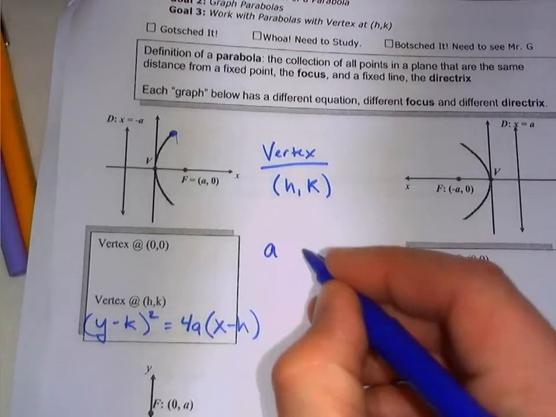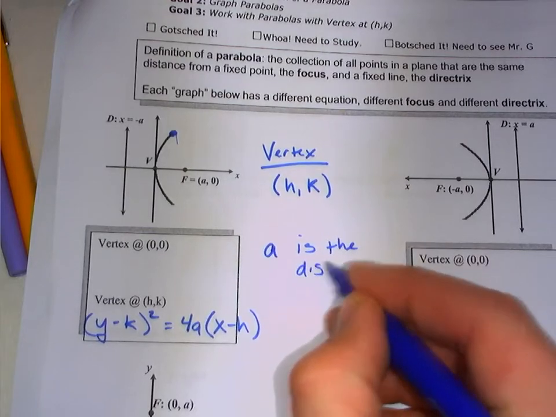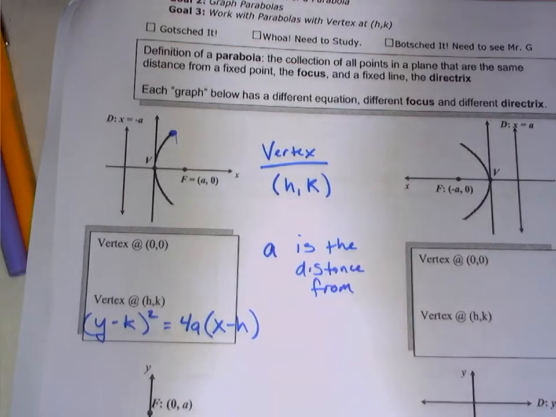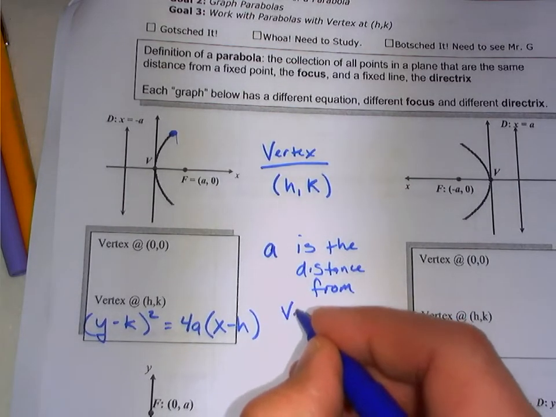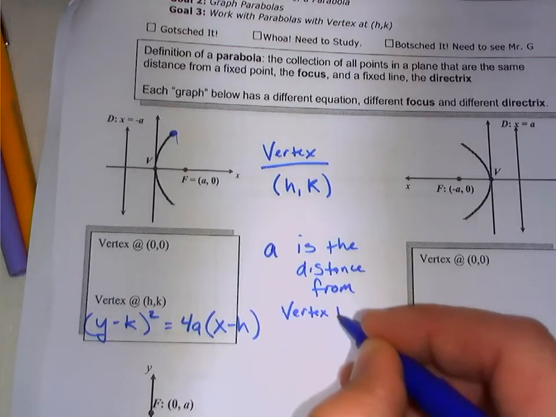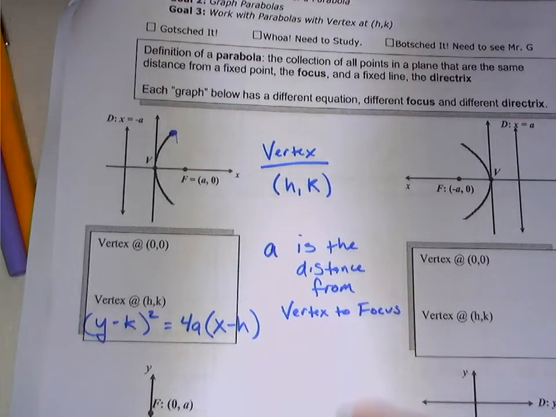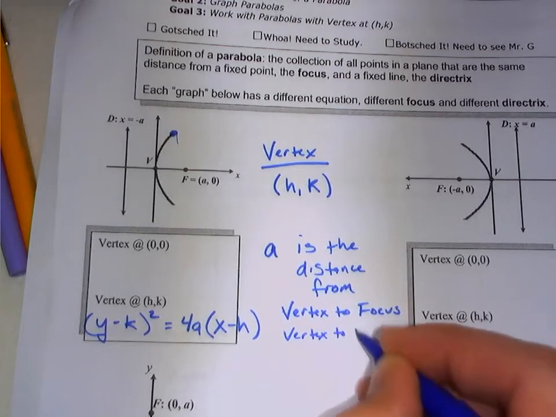An a value is the distance from two things: from the vertex to your focus and from your vertex to the directrix.